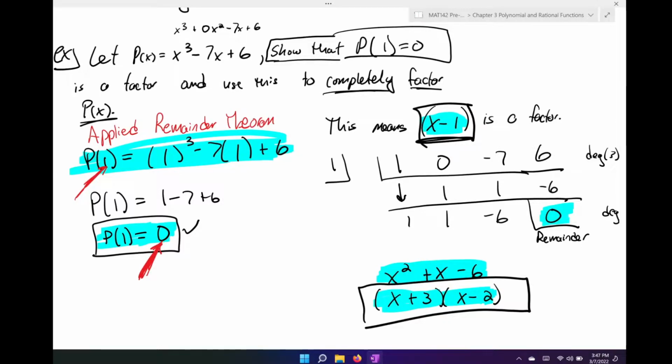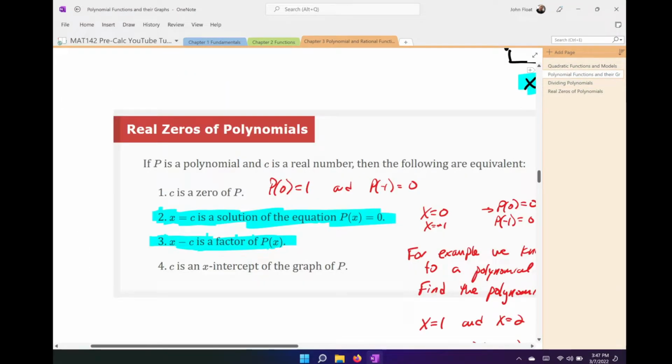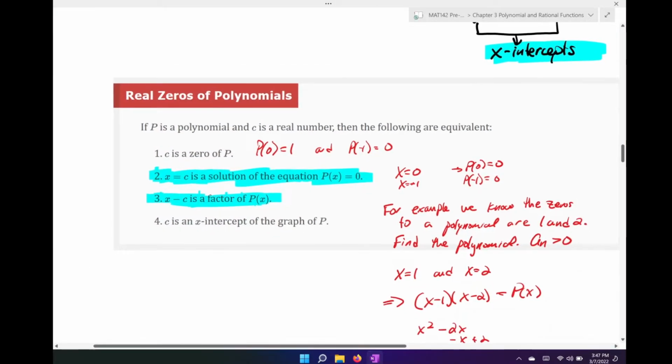Now, we found p of 1 equals 0, which is fantastic because immediately we know that x minus 1 is a factor. That goes back to the previous section, which is: if p is a polynomial and c is a real number, then the following are all equivalent.